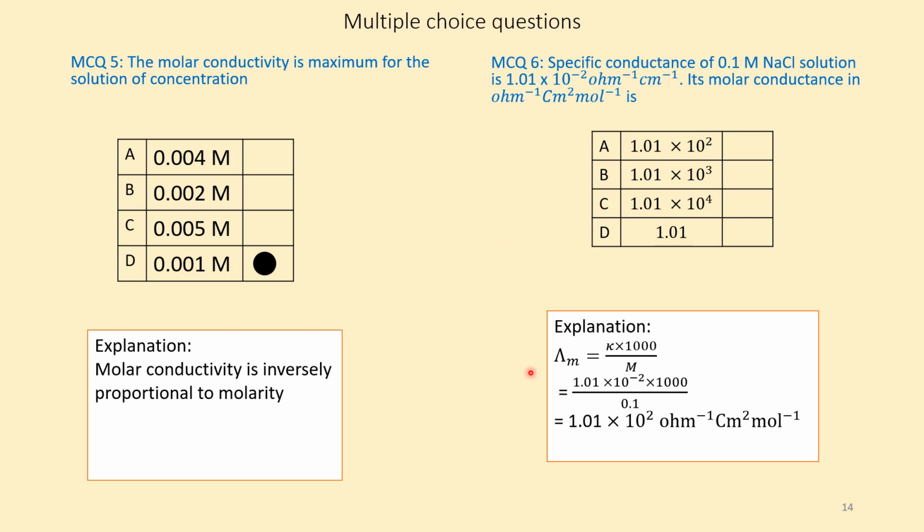Lambda M is equal to kappa into 1000 divided by M. So here it is given 1.01 into 10 to the power of minus 2 into 1000 divided by M. M is 0.1 M. Simplifying, we get 1.01 into 10 square per ohm centimeter square per mole. And this answer is available in option A. Please mark it.